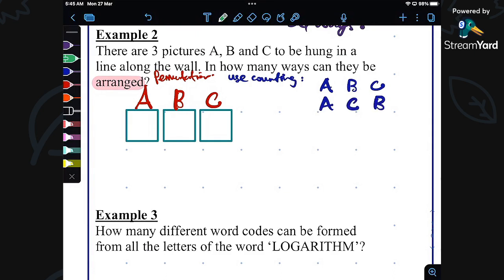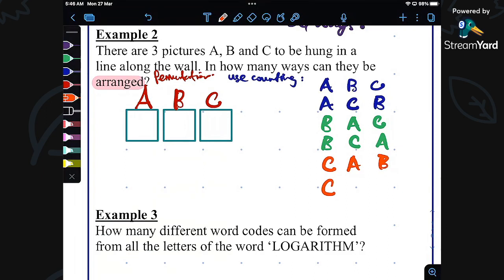Now, there is another possible arrangement, which is to start with picture B, and then A, C, or I can start with B, but C, A. Now, I can also start with picture C. Then I'll get here A, B, or I could start with C also, but B, A. And so I know by using the technique of counting, there are 6 possible arrangements. So we call this 6 possible ways to arrange the pictures.